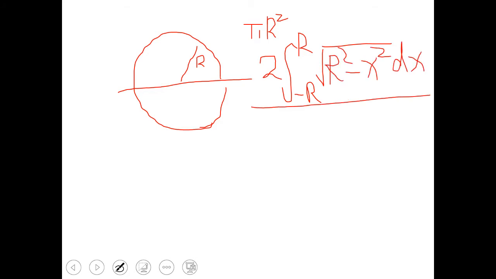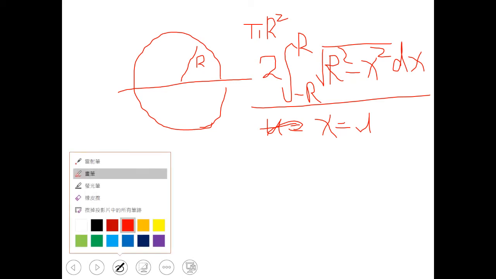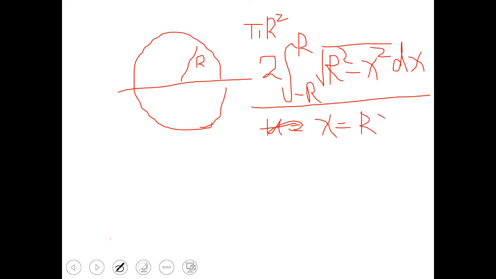I suppose you have learned calculus, and you should use a substitution: x equals R sine theta, so dx equals R cosine theta d theta.